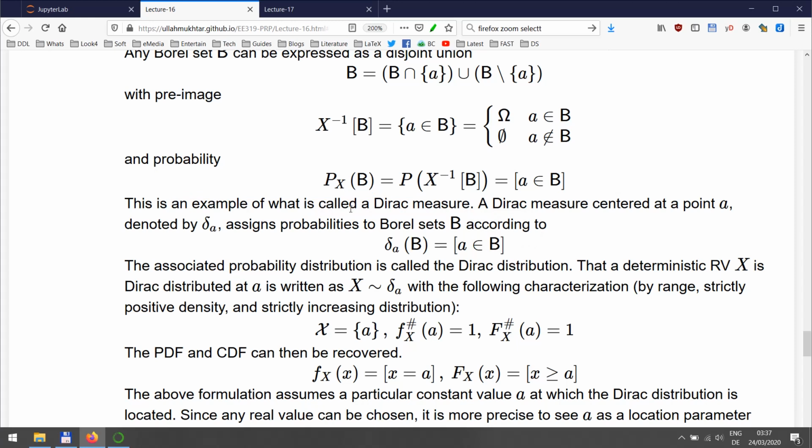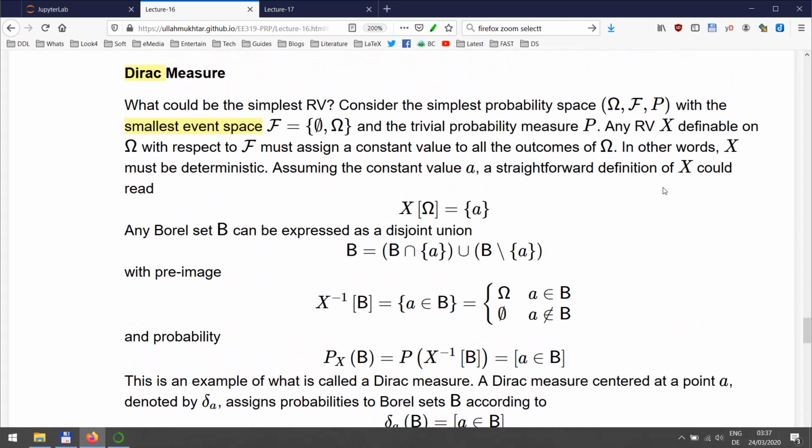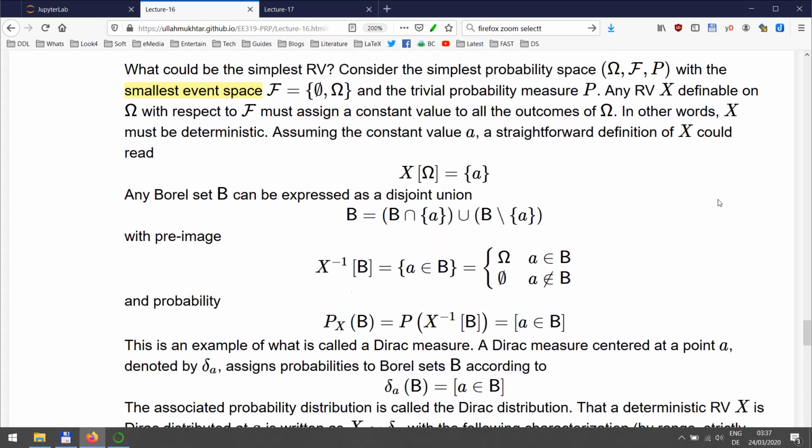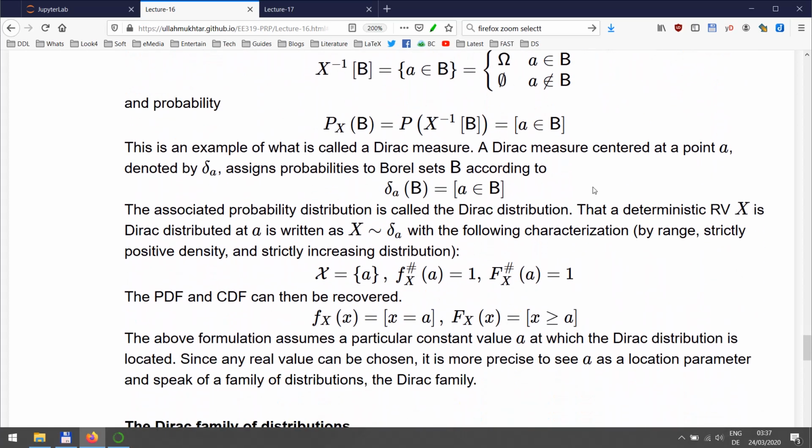And this is what we mean by the Dirac measure. The probability measure of this random variable, which is actually a deterministic random variable because there is no randomness involved, is given the name Dirac measure. Why is it Dirac? Because it is centered at a single point.